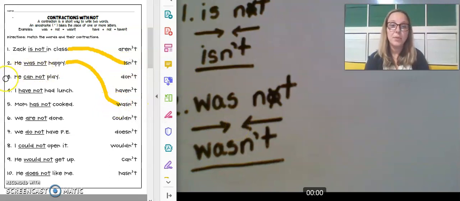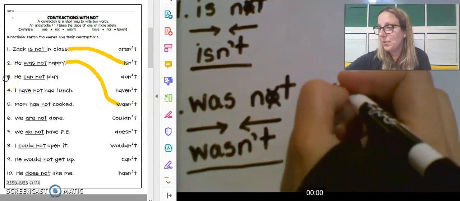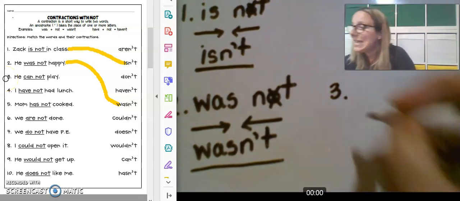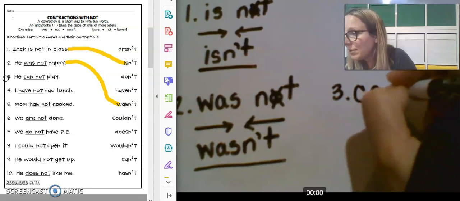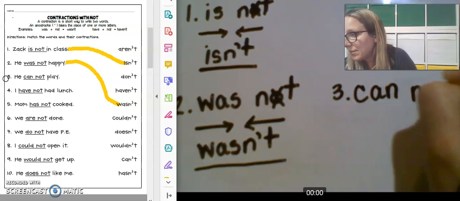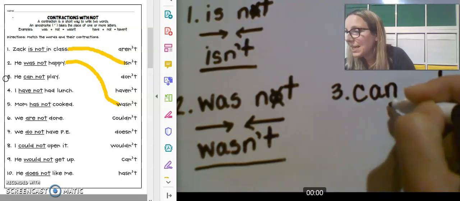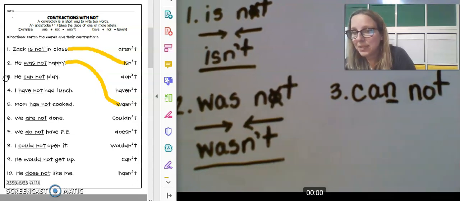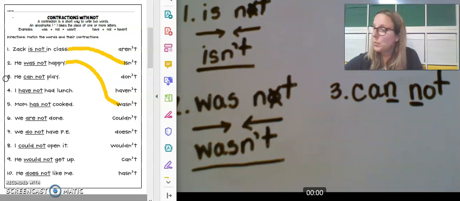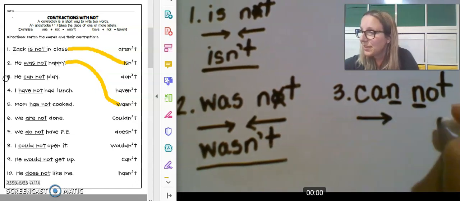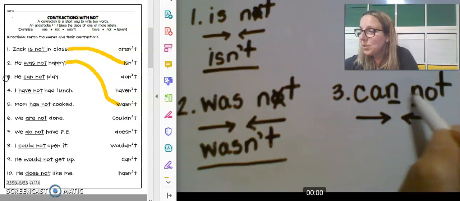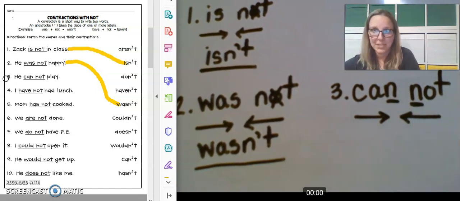Now looking at number 3. For number 3, we have the words can and not. Now I want you to pay attention to the fact that in the words can and not, can ends with an N and not begins with an N. So when we push these two words together to get our contraction, we don't need to write both of those N's.